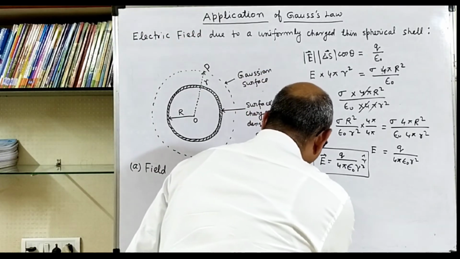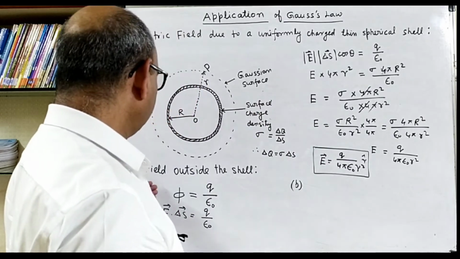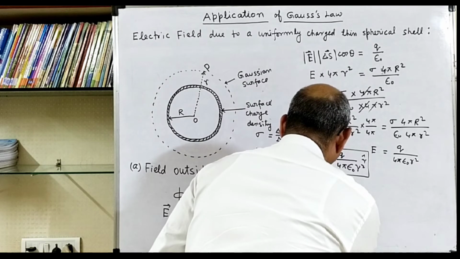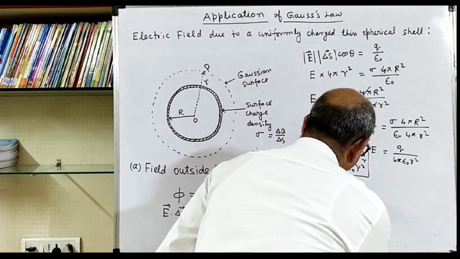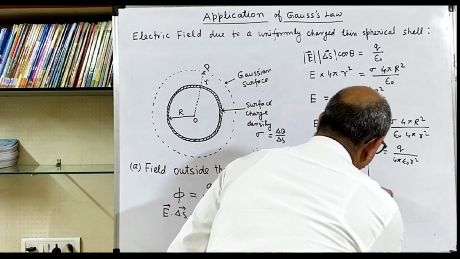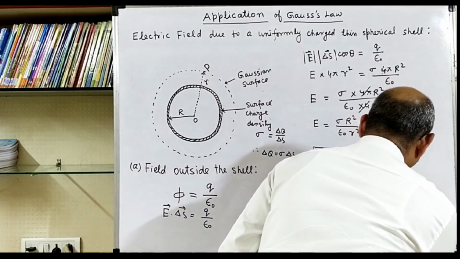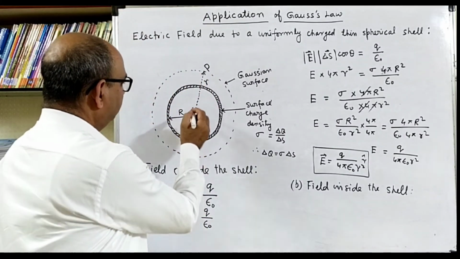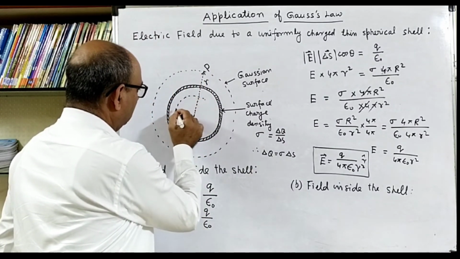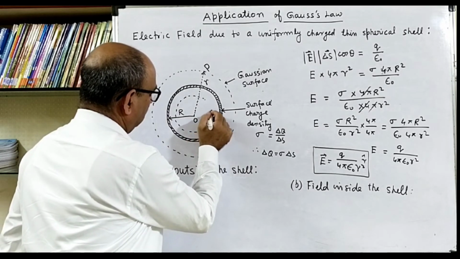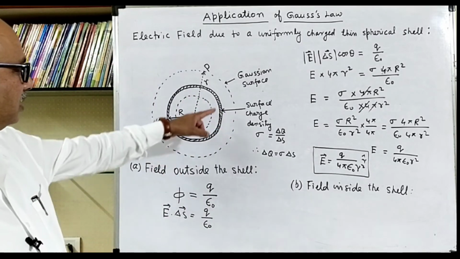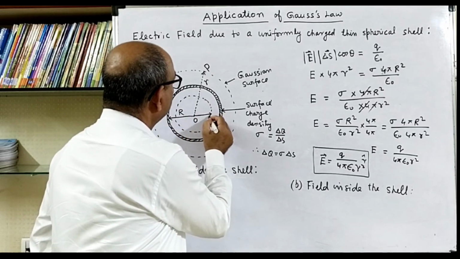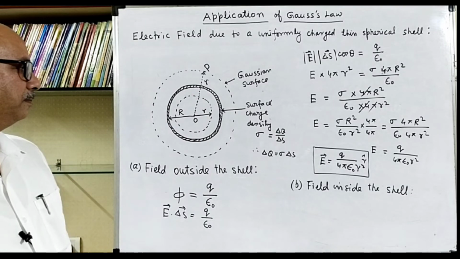Next, let's calculate the value of the electric field inside the spherical shell. The field inside the shell. So here we will consider the Gaussian surface as a surface which lies inside the spherical shell and its radius is, let's say, r.